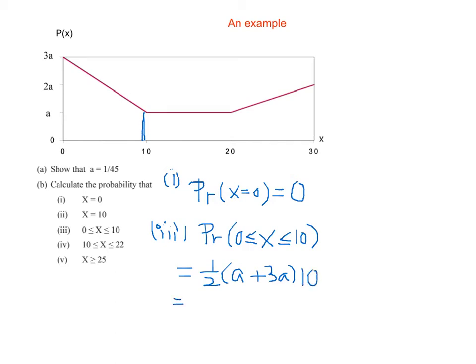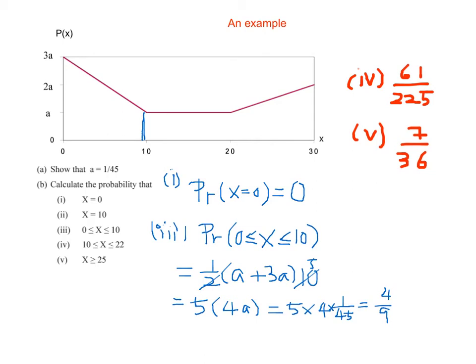That simplifies to 5 times 4A. But we know what the value of A is. You're supposed to show that A is equal to 1 over 45. That's the task in part A. So you end up with 1 over 45 times 45, and you should actually get 4 over 9.